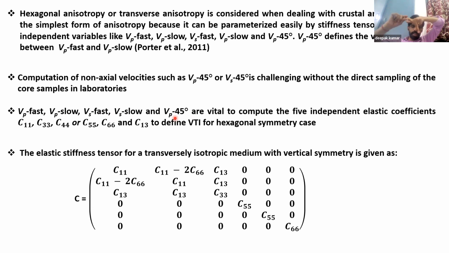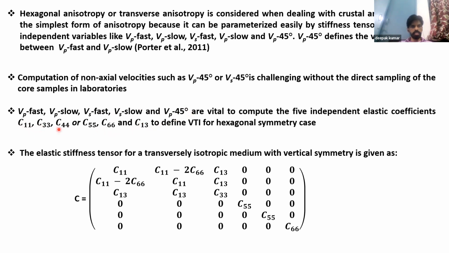Suppose this is my radial and this is my vertical. So I have the fast and the slow. But to deal with the transverse isotropy with vertical symmetry, I have to compute velocity for 45 degrees also. For that, I need these coefficients.